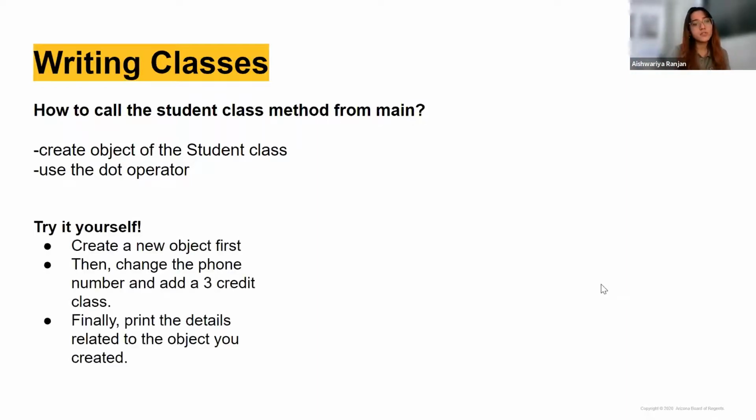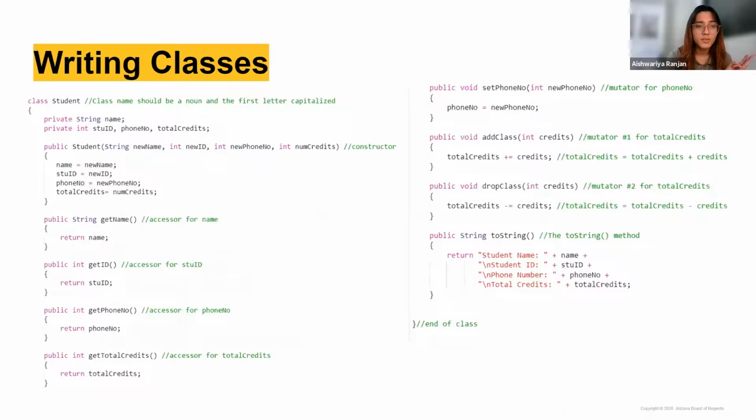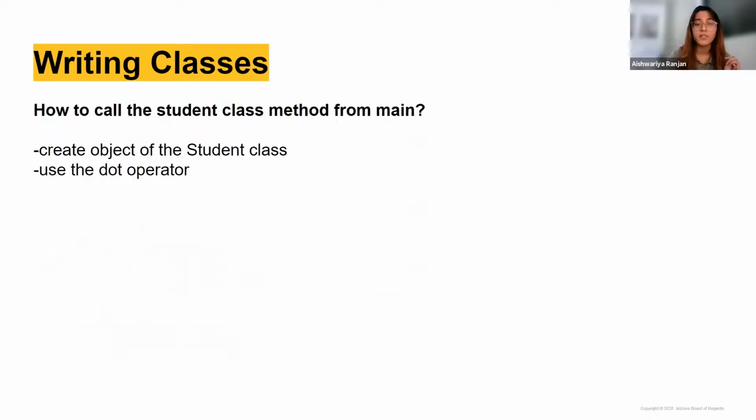So I have a small try it yourself exercise for you over here. For the student class we just created, I want you to create a new object in the main and then change the phone number. To create a new object, you have to use the constructor, right? The constructor had 4 inputs: the name, the ID, phone number, and num credits.